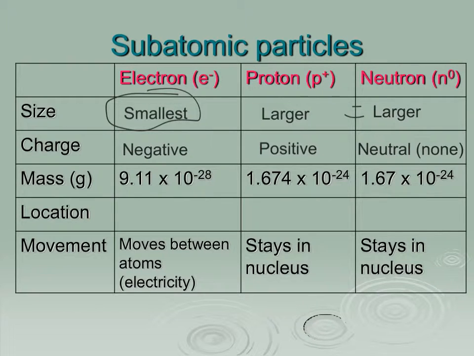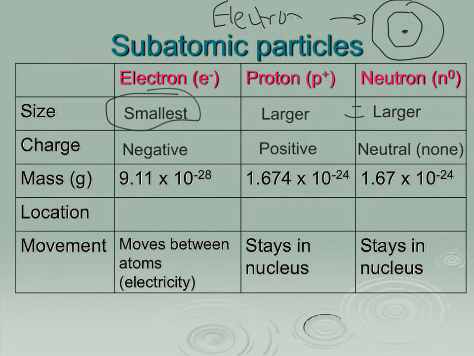And then their location. If we look at the picture of the atom, you have your nucleus in the center, then you have the rings that surround it. So these rings are what we call the electron cloud. And sorry, my handwriting is terrible, that's why I typed the other stuff. So that's our electron cloud, and then here in the center of the atom is our nucleus.